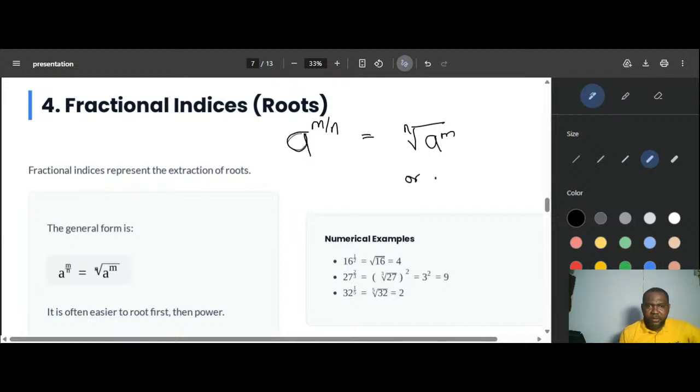Or you say the nth root of a, everything raised to power m. Okay, and I'm going to explain that.